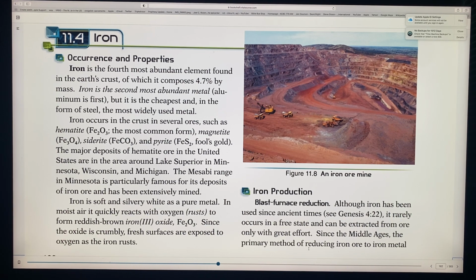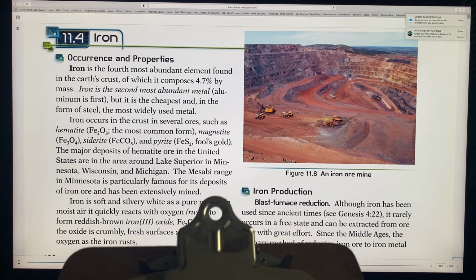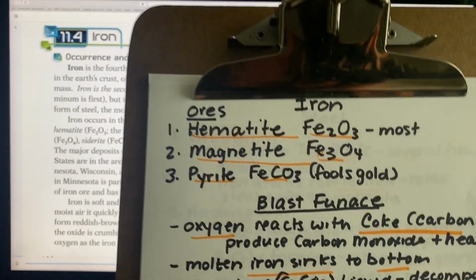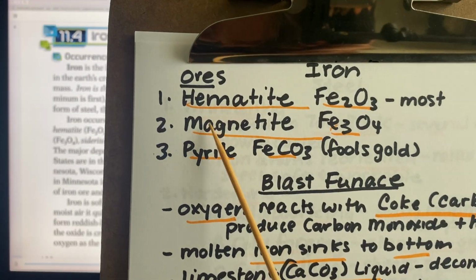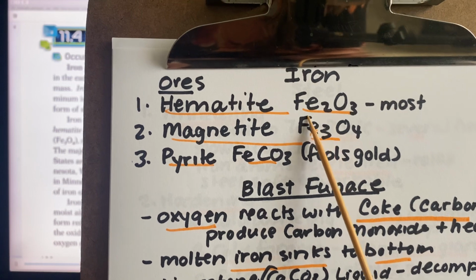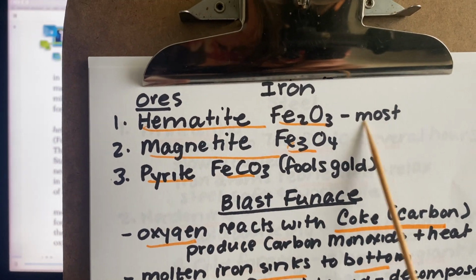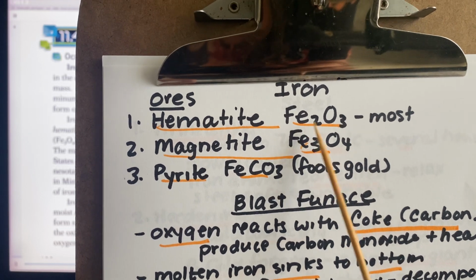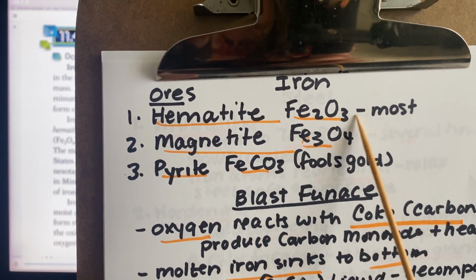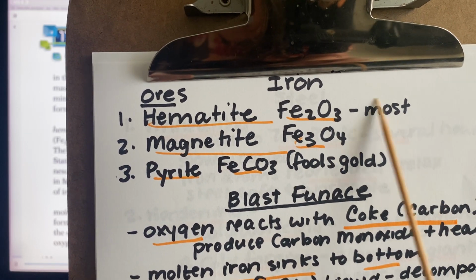So there are several types of iron ores. And let me go ahead and put up my notes here. Can you see these types? So we have hematite, and that's iron oxide right here. So it's basically Fe2O3, and hematite is the most common.